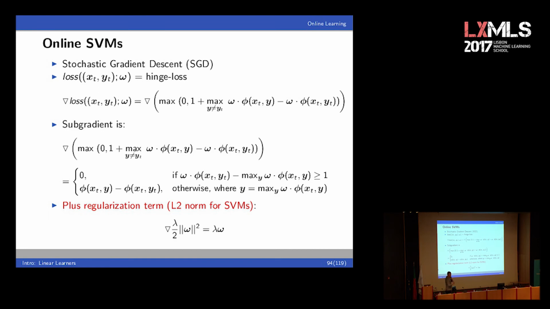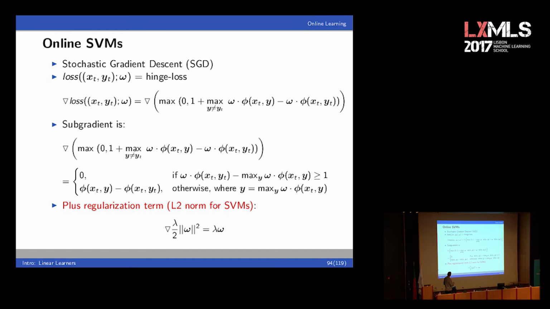If you want to re-implement a support vector machine, this is the algorithm. You just take this subgradient. It's called a subgradient because it's not differentiable at the cusp of the hinge, and we just set the gradient to 0 at this point, which makes it a subgradient. But it's very simple to implement.